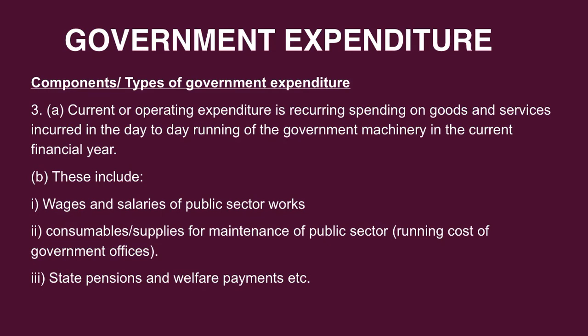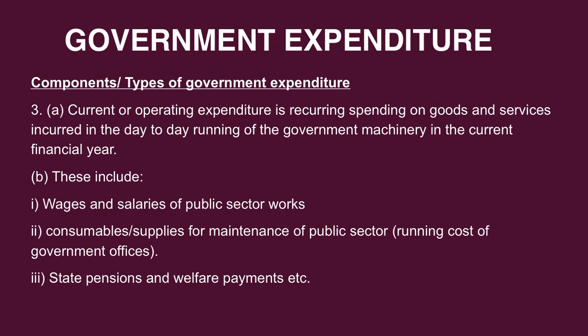As I told you, there are two types of expenditure. Current expenditure means the government's day-to-day spending. It is recurring spending on goods and services in the day-to-day running of the government machinery in the current financial year. It is the expenditure planned to run the country day to day.